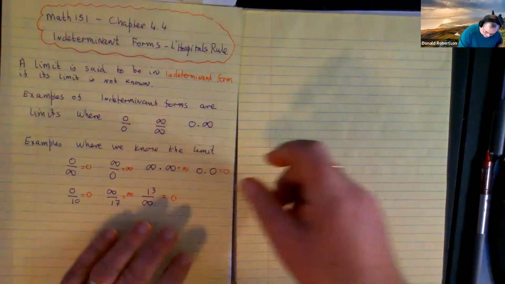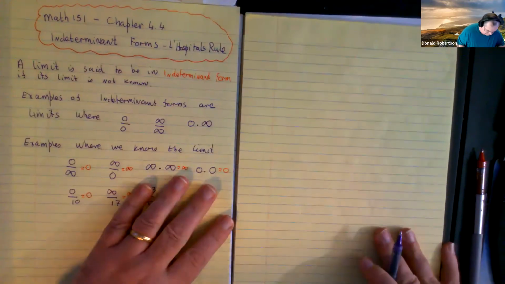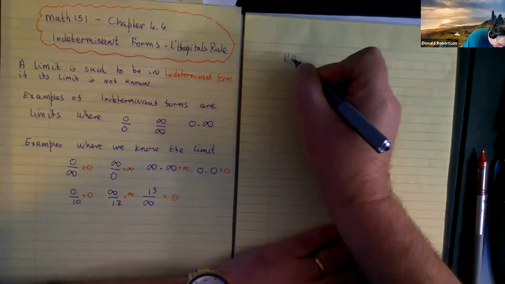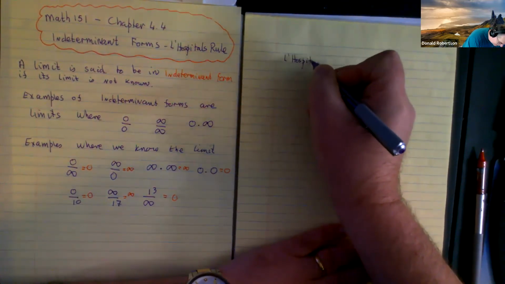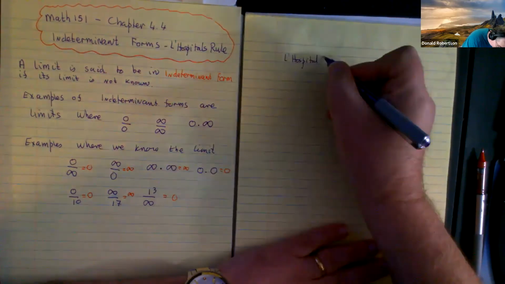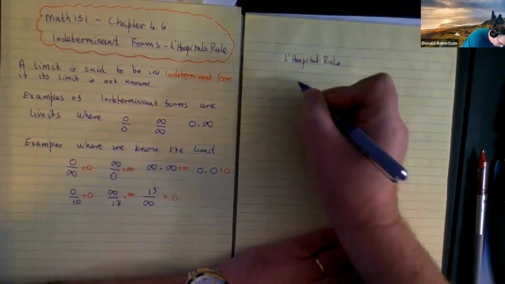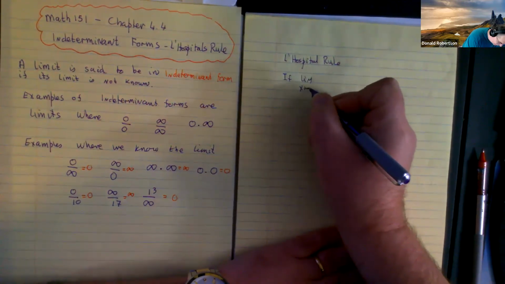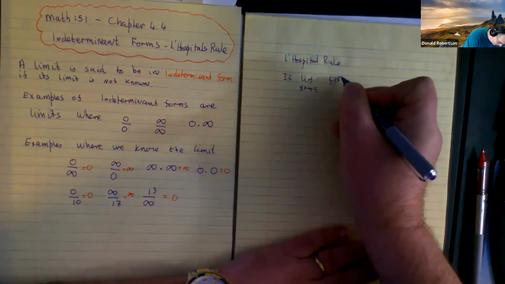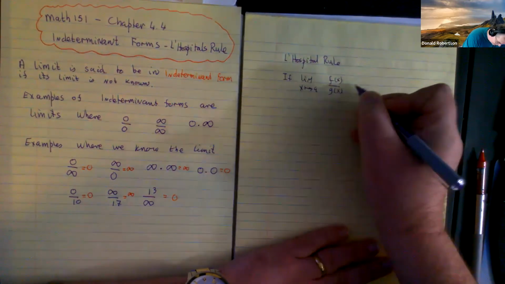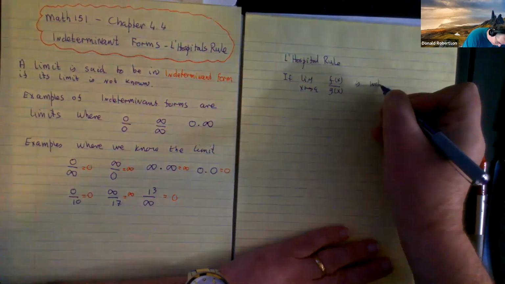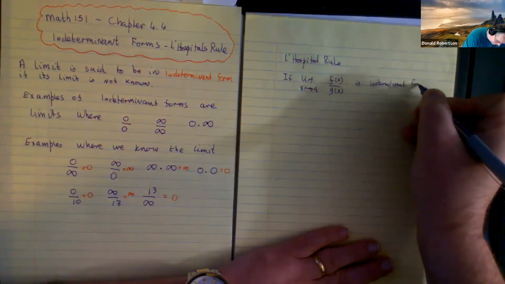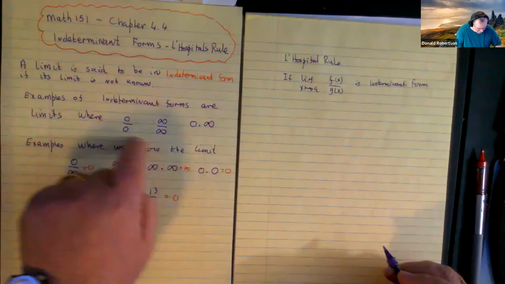So let's show you what L'Hôpital discovered. Really clever guy. I believe he's a Belgian mathematician. And he says this: if the limit as x tends to a of some fraction f of x over g of x is indeterminate form, in other words, it ends up looking like these guys, right?